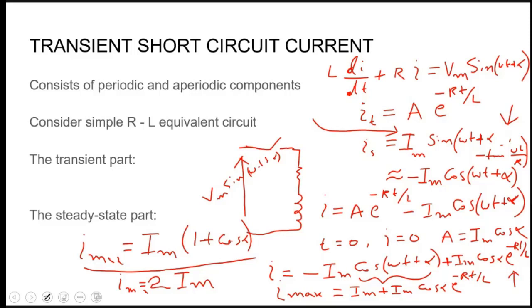So in general, we can say Imax equals some Km times Im, where Im is the steady state portion, the maximum value in the steady state portion.